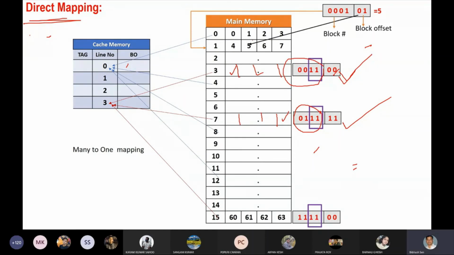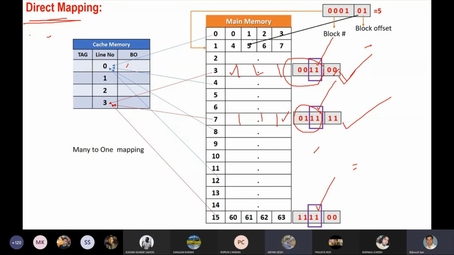Among the block size, you have to break the cache line size. Now, these all have the same cache line. Number 3, 7, 15. Interestingly, you see that 3, 7, 15 all go to a single particular location or not?